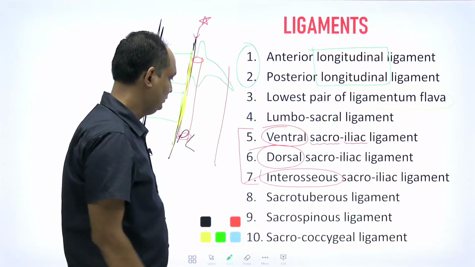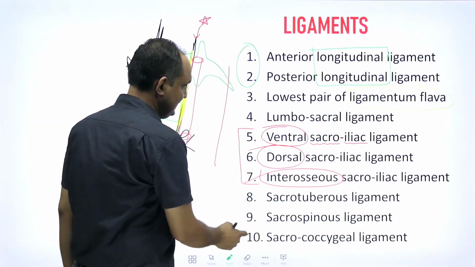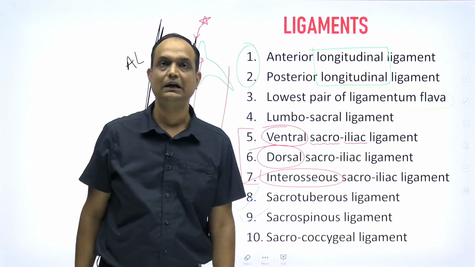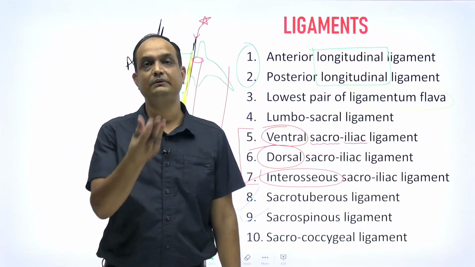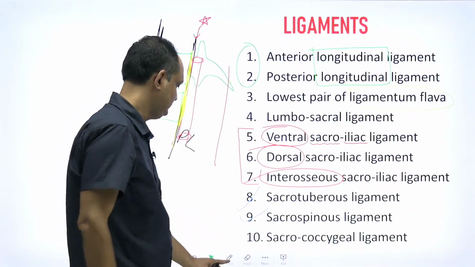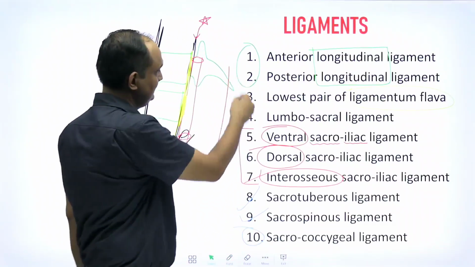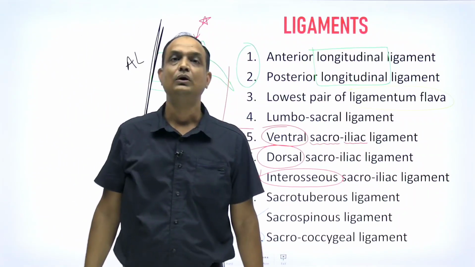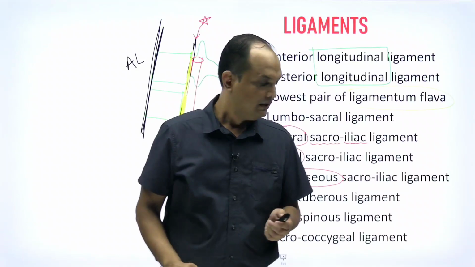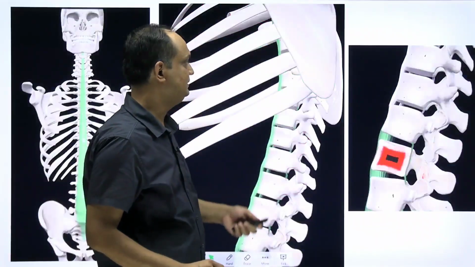Then you will have two more ligaments: one is known as sacrotuberous and another is the sacrospinous ligament. And lastly we have the connection between the sacrum and the coccyx, known as the sacrococcygeal ligament. Clear? So these are the 10 ligaments which you should know when talking about the attachments of ligaments on the sacrum. So what are the attachments? We will see one by one.